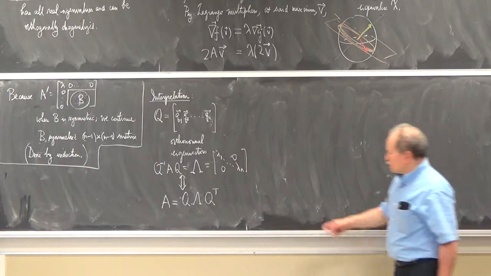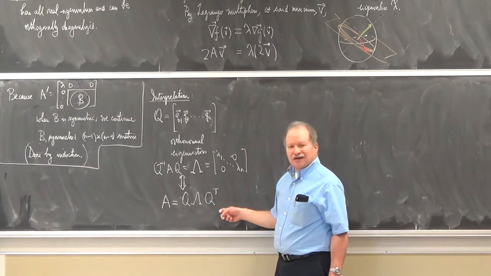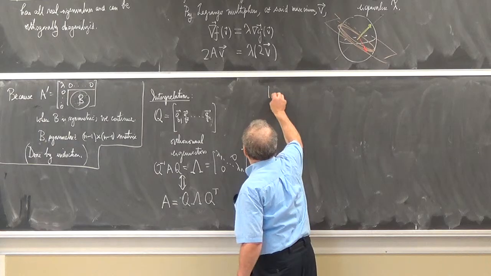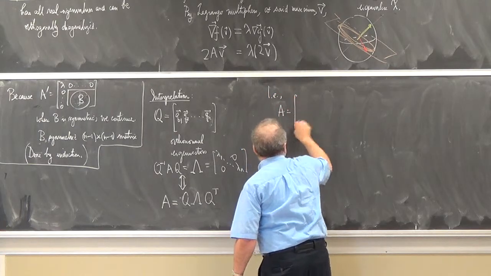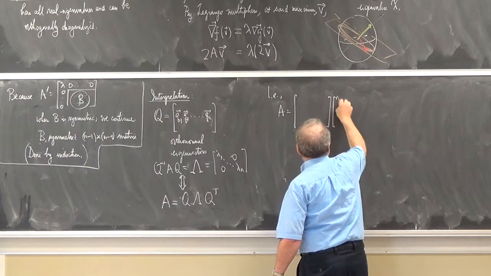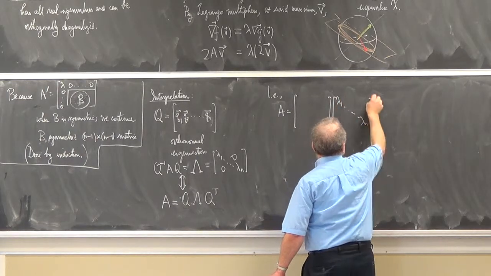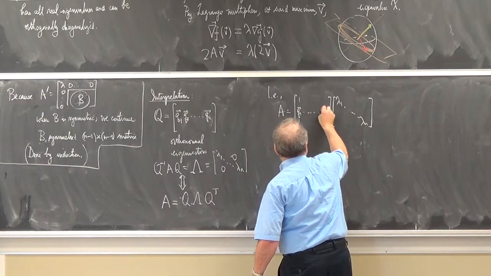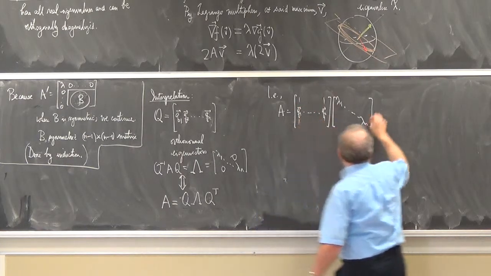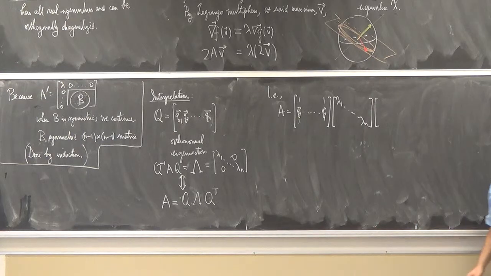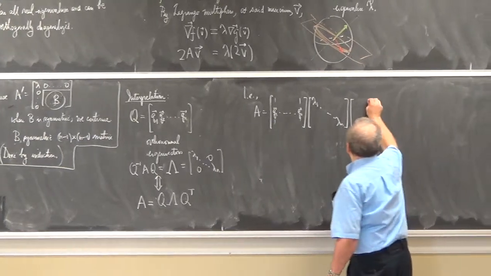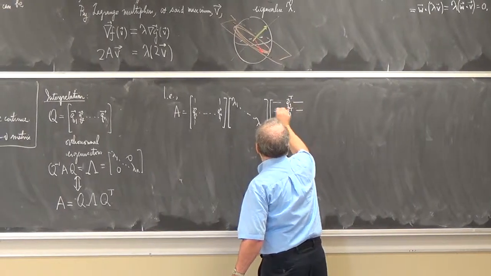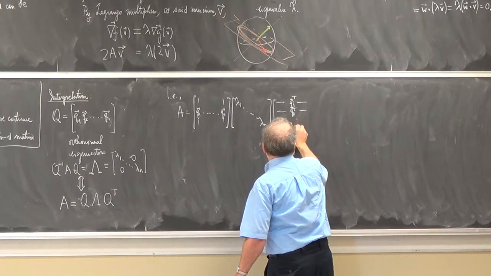So I want you to draw yourselves a picture of that, and then use your fingers. So what is this saying? A is Q lambda Q transpose. So I've got the columns of Q, which are these orthonormal vectors, and then I'm transposing that critter. So I've got q1 transpose, q2 transpose, down to qn transpose.